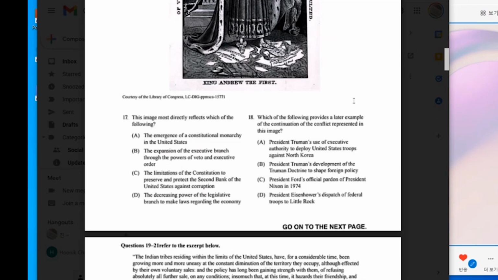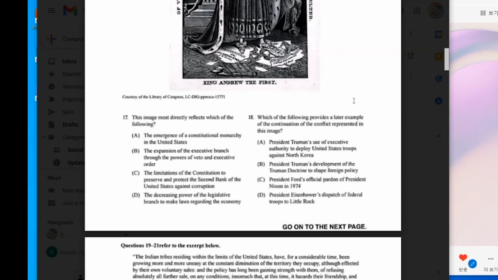B, perfect. Okay, so the question asks you to evaluate the conflict represented in the image, right? AP test makers always like the element of conflict. Because the image shows President Andrew Jackson as a king with a veto in one hand and a torn constitution at his feet, you can infer that the conflict is regarding the growing power of the executive branch.